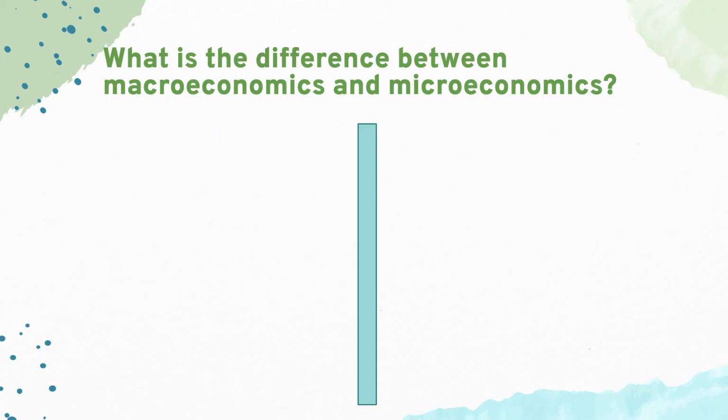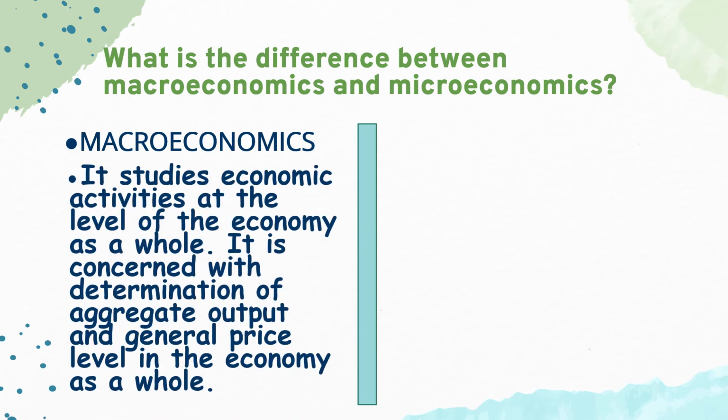Based on what we just saw, it is very easy now for us to differentiate between macroeconomics and microeconomics. So let's see, what is macroeconomics? It studies economic activities, laws, policies, problems at the level of the economy as a whole.